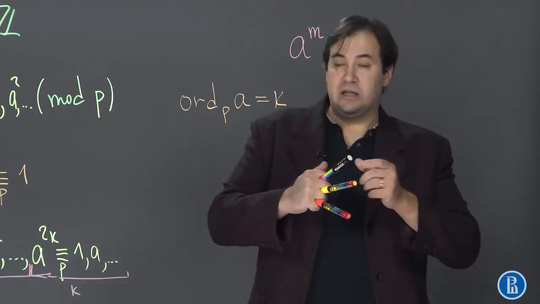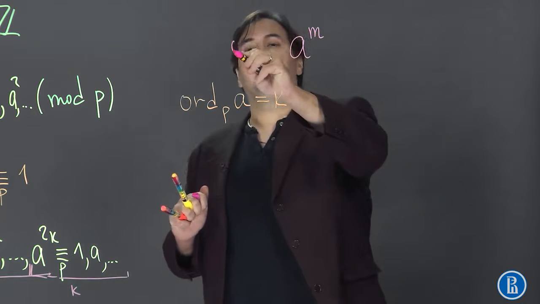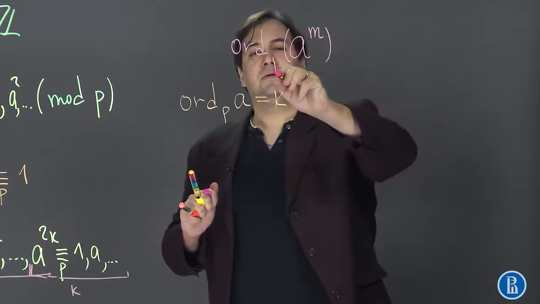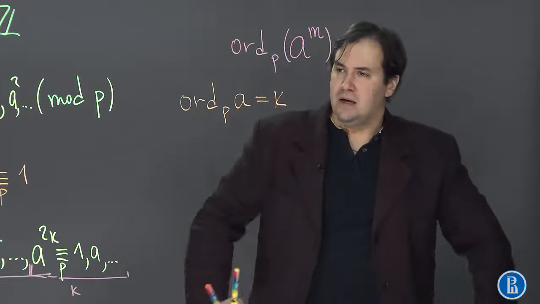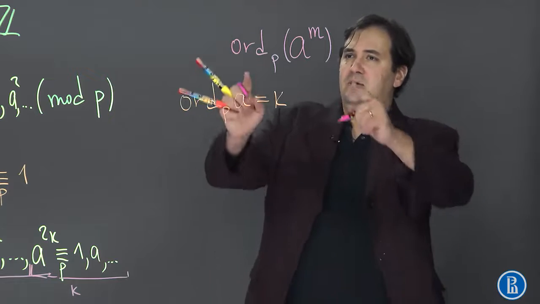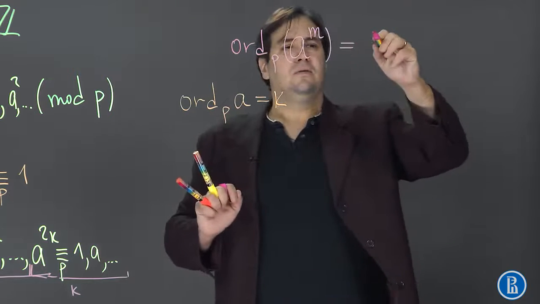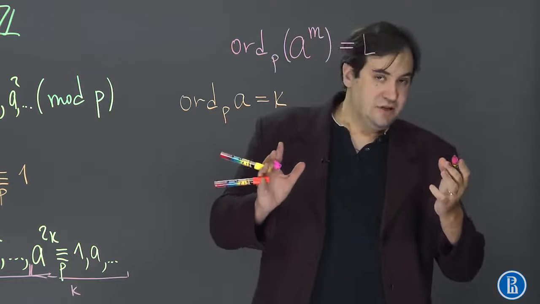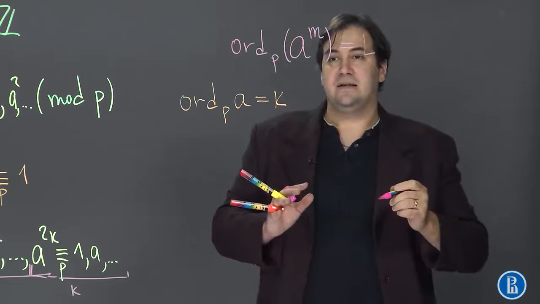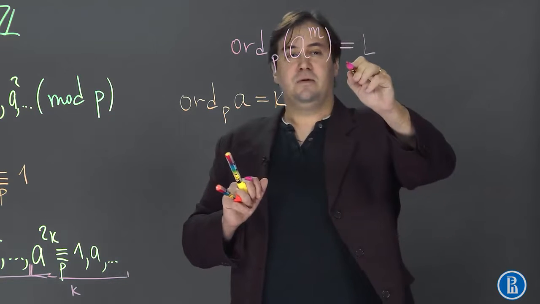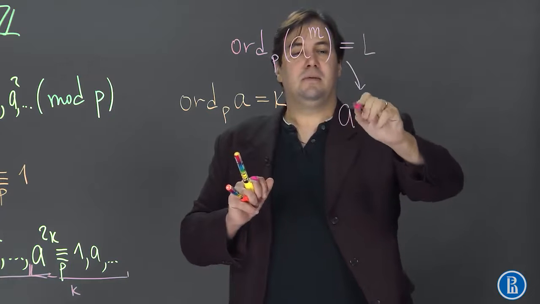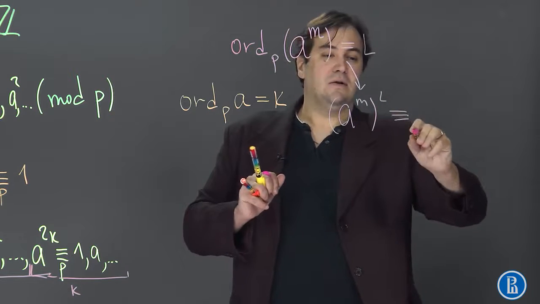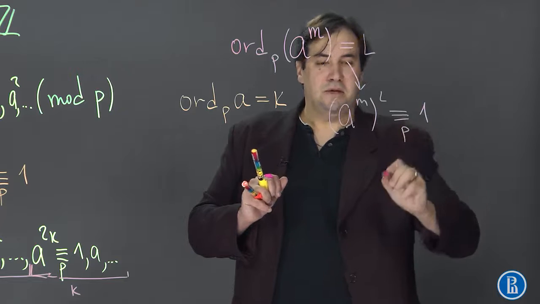And what about the order of a to the power of m modulo p? Well, denote this order by L. So L is a positive integer, and a to the power of m, to the power of L, is congruent to 1 modulo p.